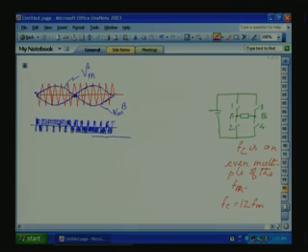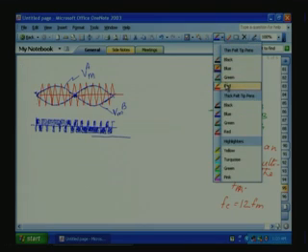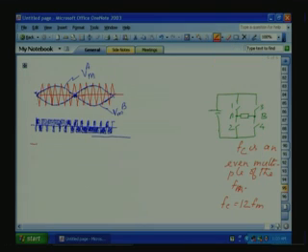Now, for the other phase, we will draw it like this, maybe using a different color. With respect to this sine wave, when sine is greater than the triangle, the top switch is on.